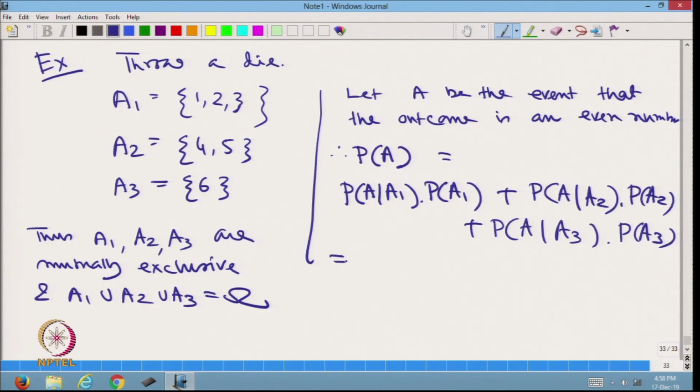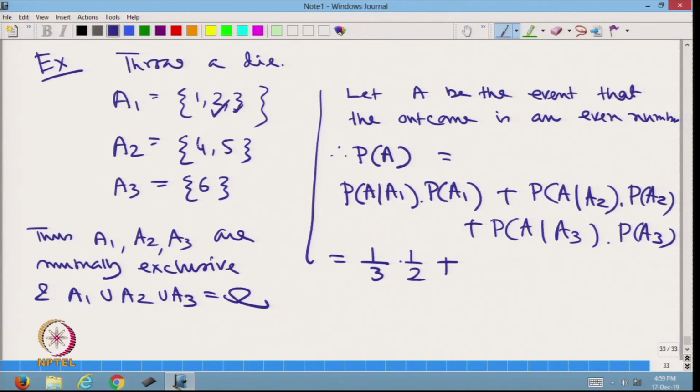That is, probability of getting an even number given that A1 has occurred is 1 by 3 because there is only one even number out of 3, multiplied by probability of A1, that is half, plus probability of A given A2.